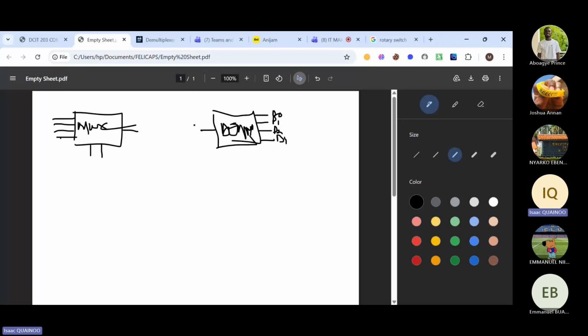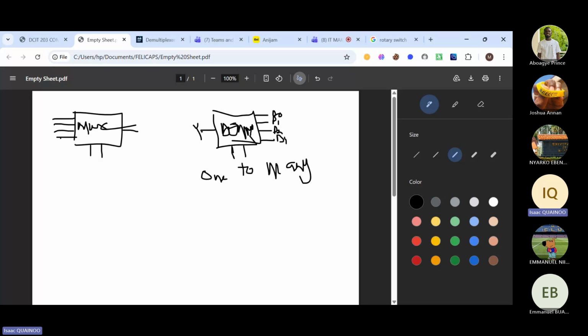Let's say Y is our input, and then you have two select lines. So this is a demultiplexer, this is a multiplexer. Let's look at how a demultiplexer functions. It first takes one input and then sends it out to many output lines. So 1 to many.